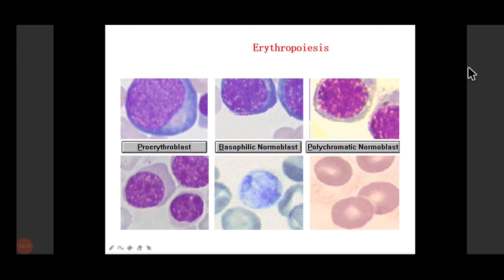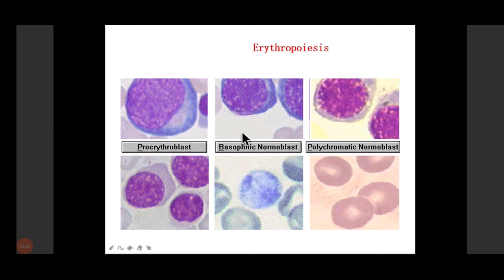But when you examine the marrow, this is the maturation of the red cells. We have the proerythroblast, the basophilic normoblast, the polychromatophilic normoblast, and then hemoglobinization occurs. They have the same color as RBCs.